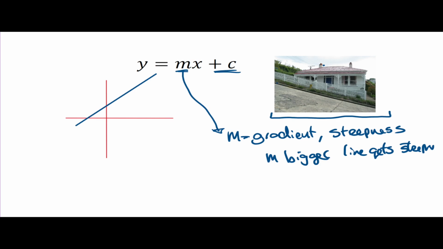So Baldwin Street has a gradient like that. That's going to be, technically from our perspective, a negative gradient. For every amount that you go across, you go down a certain amount. So it's the rise over the run.